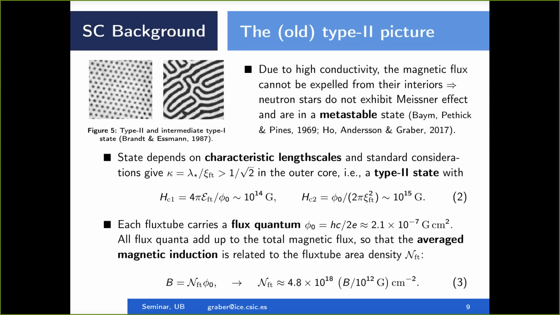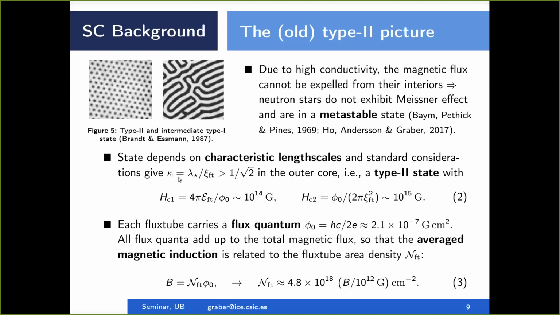And in their paper, they used a very simple argument based on a single component classical superconductor to look at, in the presence of this flux, what do I actually get microscopically by looking at the different length scales involved in the system.